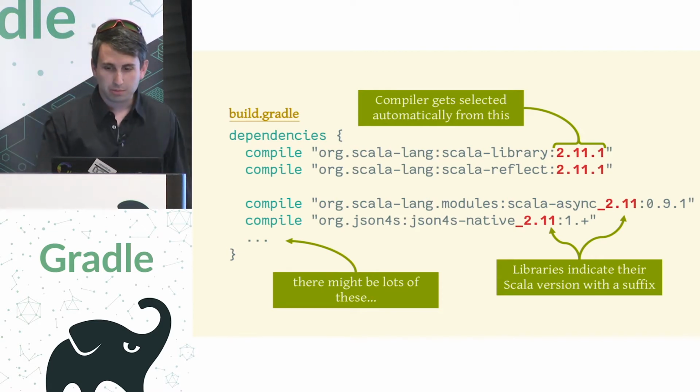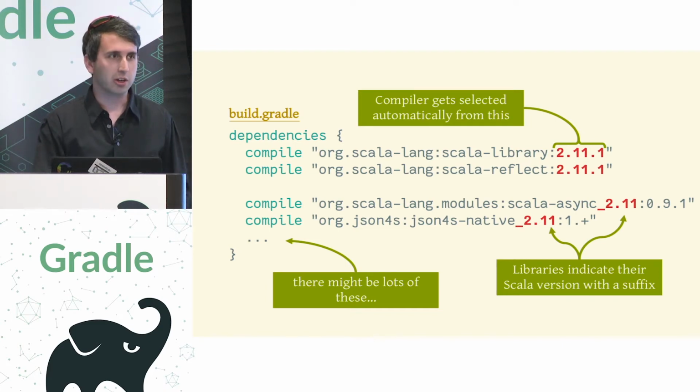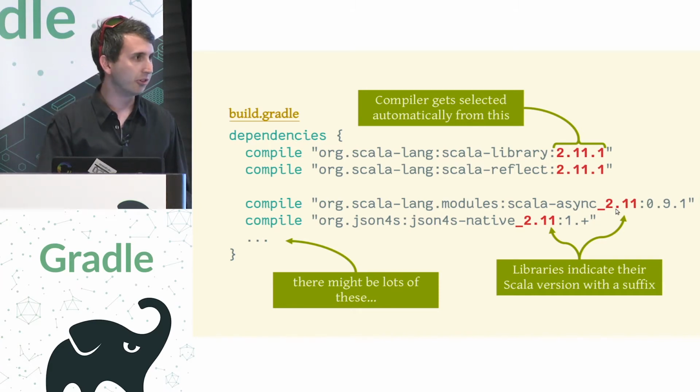Then in Gradle, when you're listing out your dependencies, you declare your Scala library dependency, and Gradle looks at that, or I guess technically the Gradle Scala plugin looks at that and figures out which version of the compiler it should use. And then you end up sprinkling all these _211s through your dependency lists.